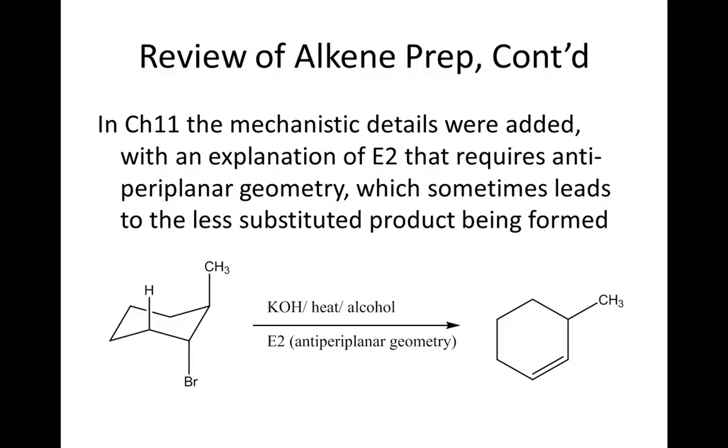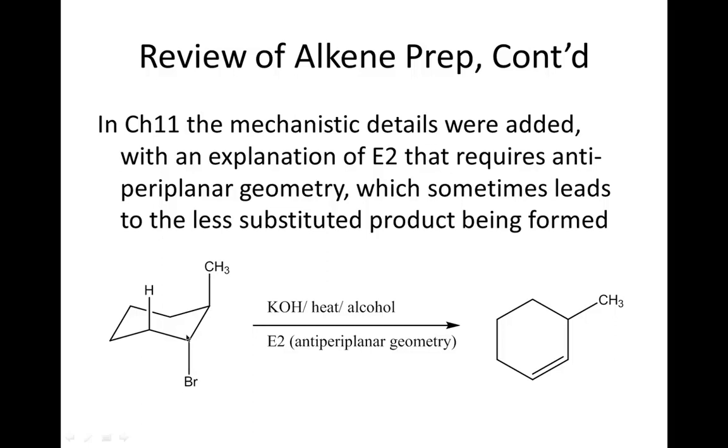So here's an example in chapter 11 where you had to have the anti-periplanar geometry for E2. If you look at this on a ring, the hydrogen has to be anti-periplanar, which means approximately in the same plane but on the opposite side. Well, this hydrogen is in the right position to get that geometry for this elimination to be E2, but over here the position is occupied not by a hydrogen but by a methyl.